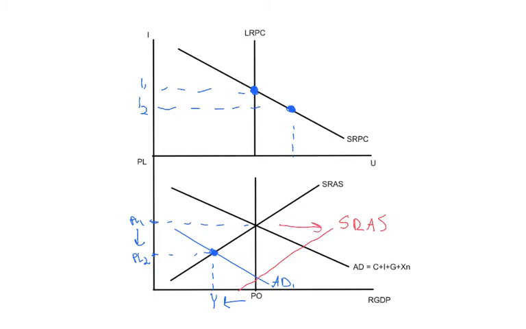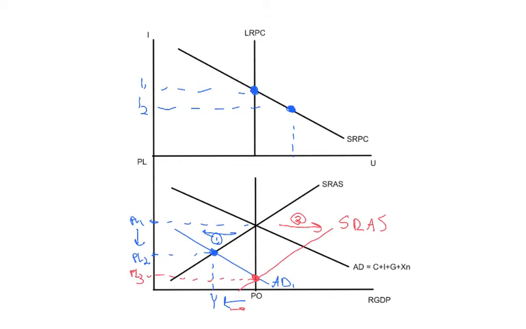Let's go ahead and label the AD shift 1 because it happens first, and then eventually in the long run we see short-run aggregate supply shift. We are now at our equilibrium point again, so we're back to potential output, but we are at an even lower price level.